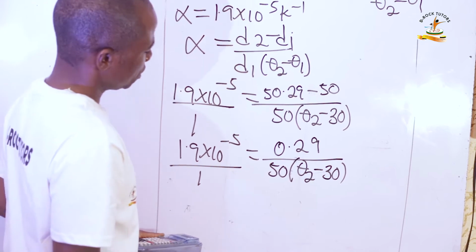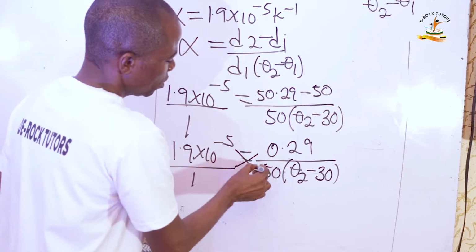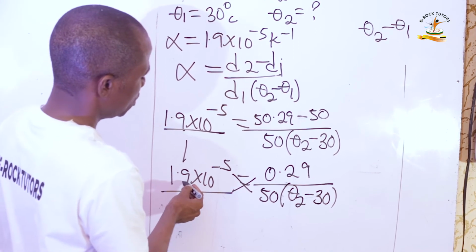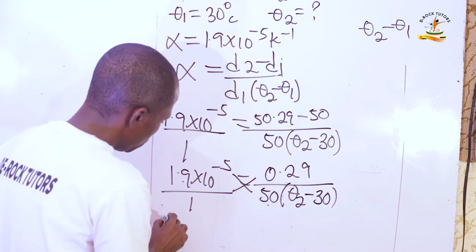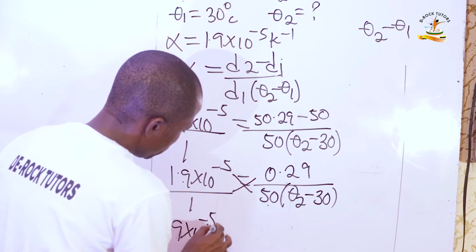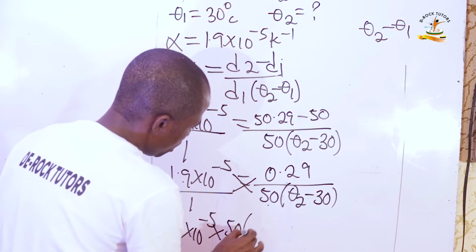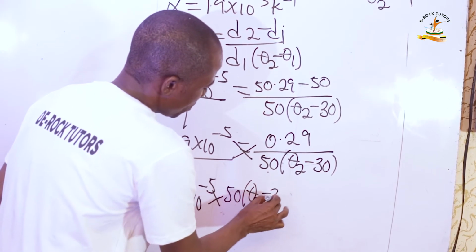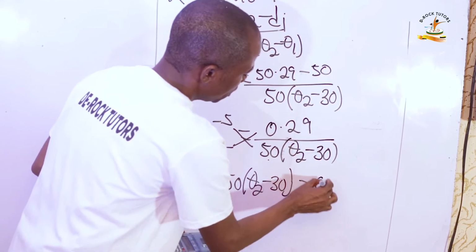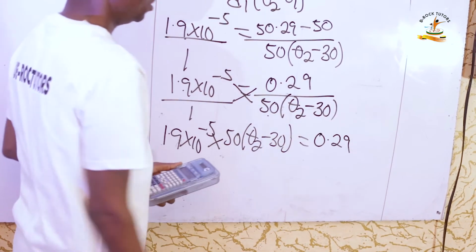What do we do next? We can simply cross multiply. If you cross multiply, then we have this times this. That's going to be 1.9 times 10 to the power minus 5 times 50, into theta 2 minus 30, is equal to 1 times 0.29. That's 0.29.